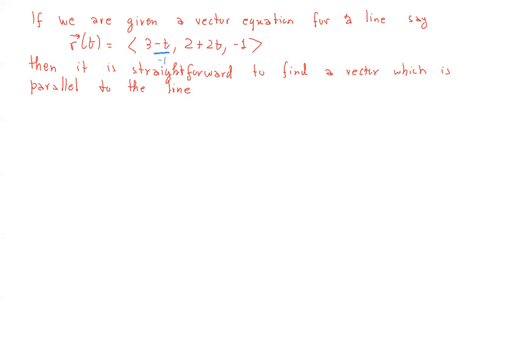You have 2t, and of course, this comes with coefficient 2. And here, there's no t explicitly given in the third component, which means that you have something like 0t, which means you have 0. So if we put everything together, negative 1, 2, and 0 is parallel to the given line. And this is something that we're going to use many, many times.